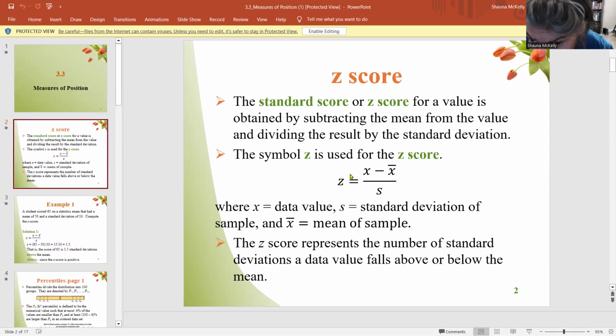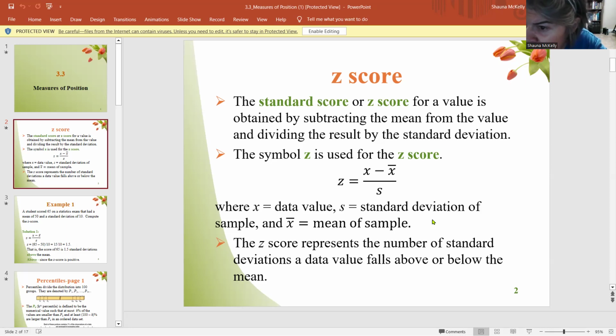Z is equal to x minus x bar. These are different. The notation matters. X minus x bar over S. Remember, S is the sample standard deviation, okay? And this is a measure of position. Where you see this, if some of you are psychology majors or maybe in medicine, something like that, where they do a lot of standardized testing, you'll see a lot of z-scores.